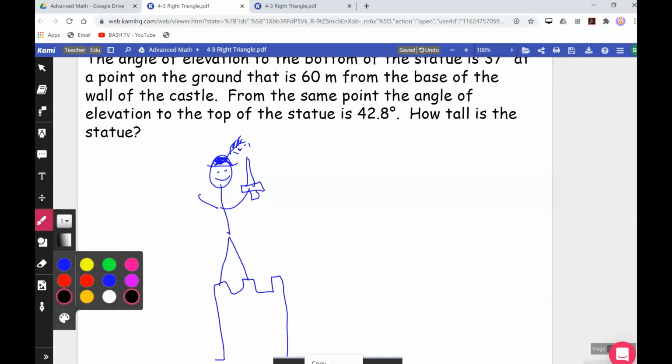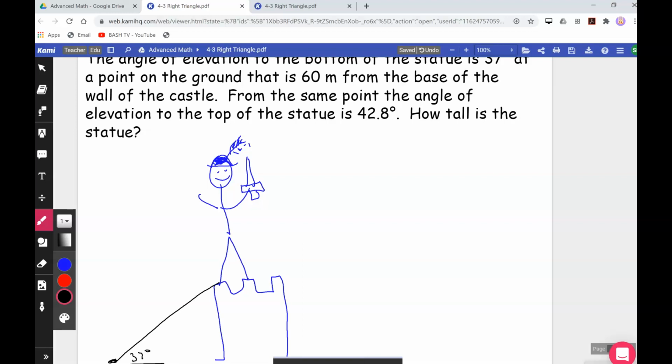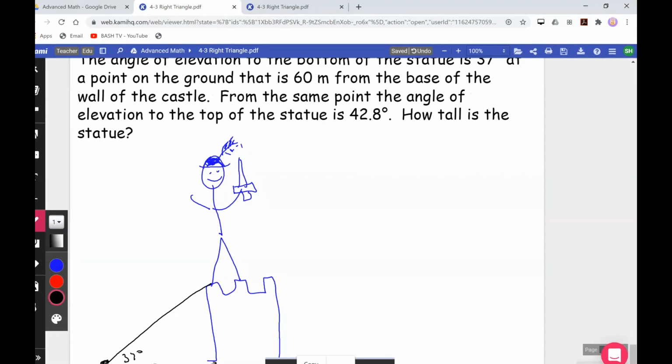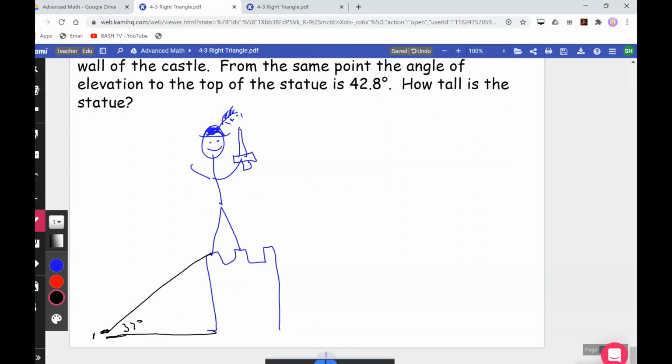They're beautiful. All right. So we have this point on the ground. The angle of elevation to the bottom of the statue here is 37 degrees, and this distance here is 60 meters.